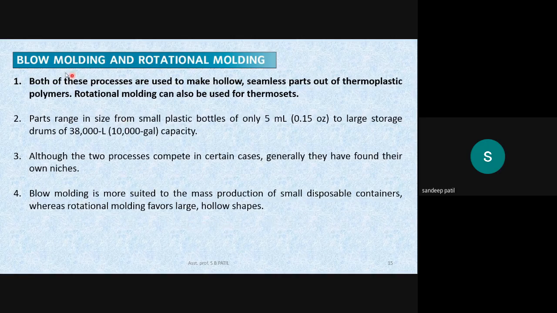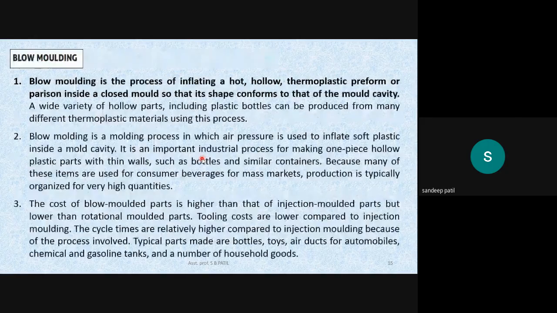So if you want to differentiate between blow and rotational: blow is generally used for thermoplastic polymers, rotational can be for both, and blow molding is for the smaller containers. If you want bigger containers, large hollow shapes, then we go for rotational molding. So let us see blow molding.